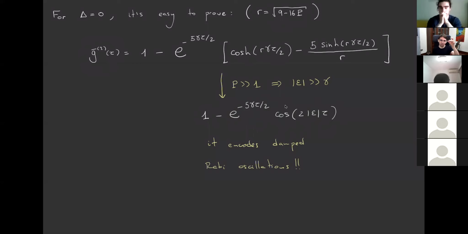The probability of getting 2 consecutive clicks at the same time, so simultaneously, is 0. Then it oscillates with the delay as Rabi predicts. And then if you wait long enough, it decays towards the coherent limit, or the independent clicks limit.